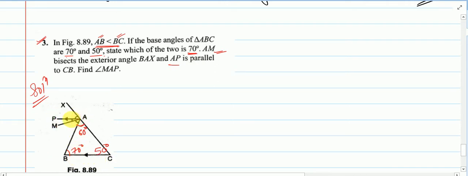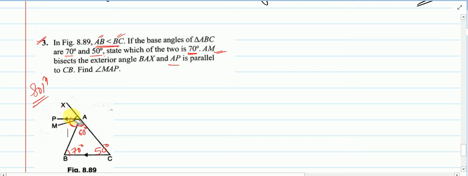So since AP is parallel to BC, therefore this has to be 70, because alternate angles. Clear? And second thing, this whole angle BAX has to be 180 minus 60. That means 120.